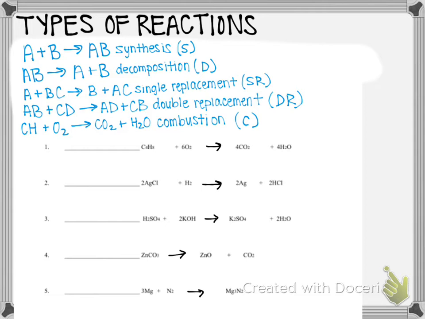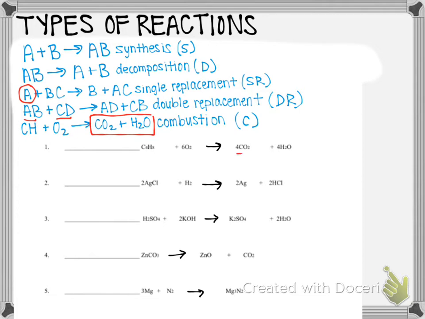Single replacement is always going to deal with 1 element by itself and a compound to make a new element by itself and a new compound. Double replacement is dealing with 2 compounds to start out with, and it makes 2 new compounds. And combustion, biggest thing here is your products are CO2 and H2O. So if you see that as your product, then it's always going to be a combustion reaction.